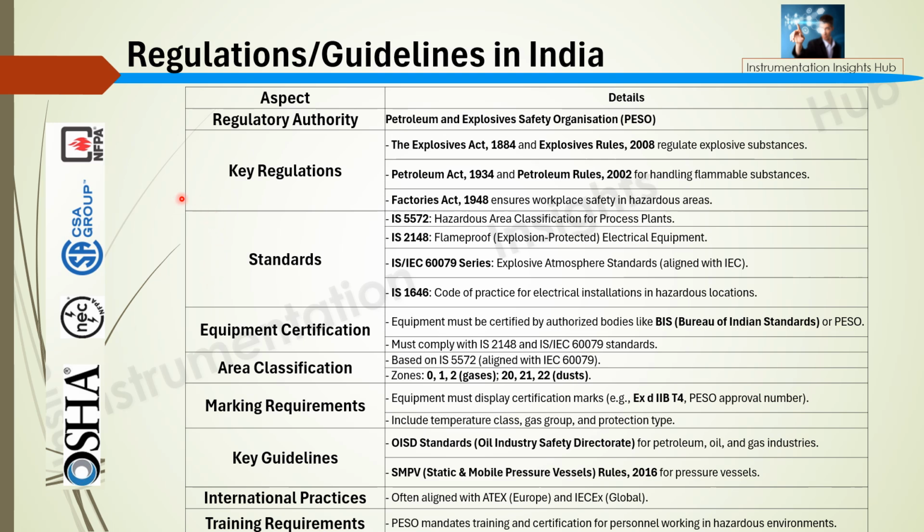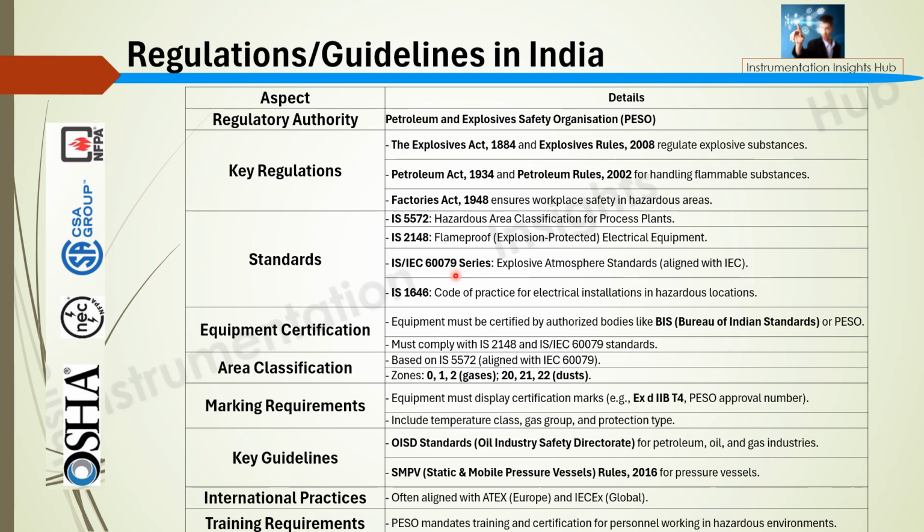These are the regulations, or I would say the laws, which we have to follow, and the standards based on these regulations and laws are IS 5572 hazardous area classification for process plant, IS 2148 flameproof electrical equipment, and IS 60079, which is completely taken from IEC 60079.